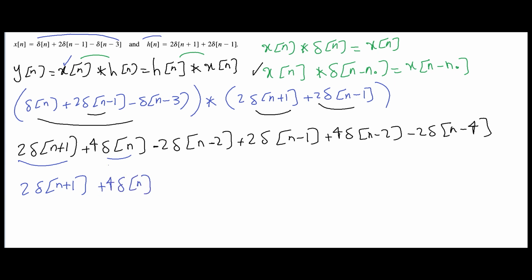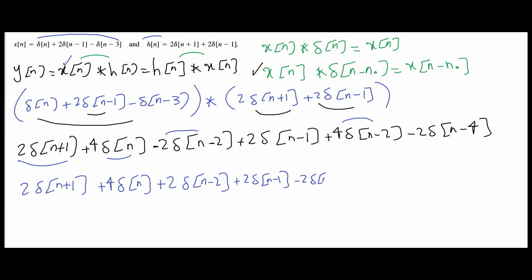At n equals 2, we have minus 2 plus 4, resulting in a coefficient of positive 2. The remaining impulses are 2 delta of n minus 1 and minus 2 delta of n minus 4.